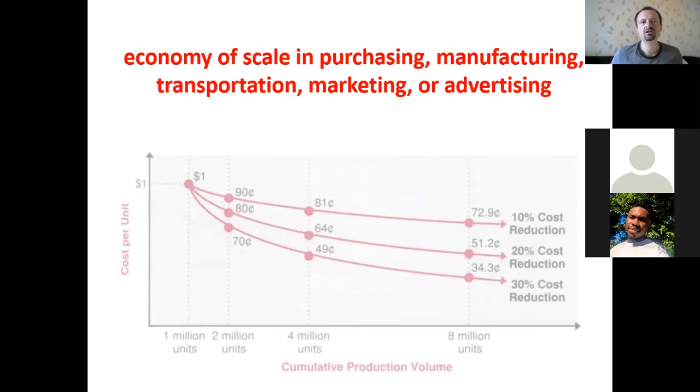And the same situation will be connected not only with logistics, for example, it will also be connected with manufacturing, transportation, marketing, etc. So it must be obvious for you, the bigger quantity we are buying, the lower price we will have.